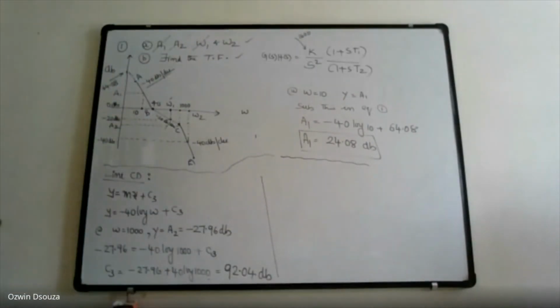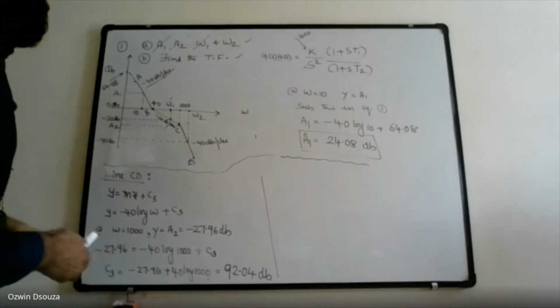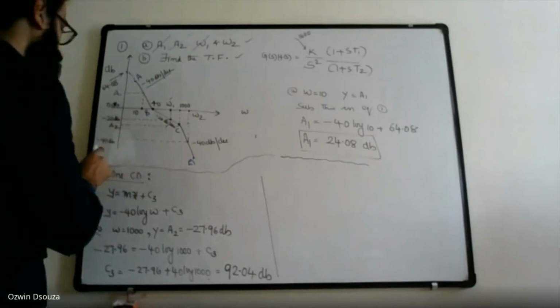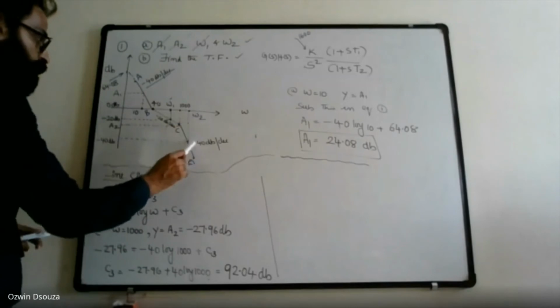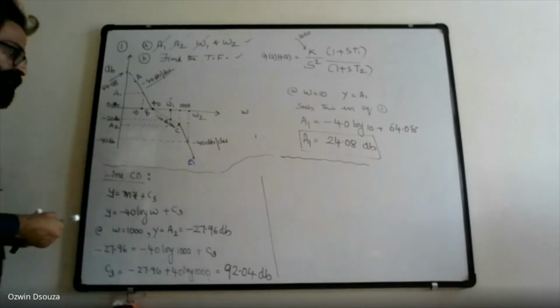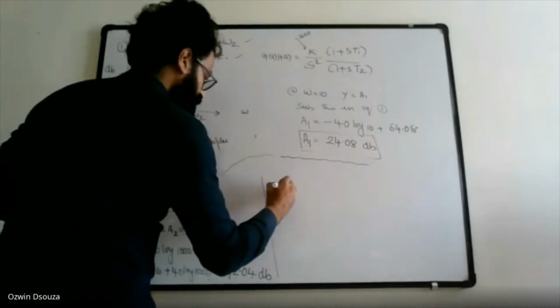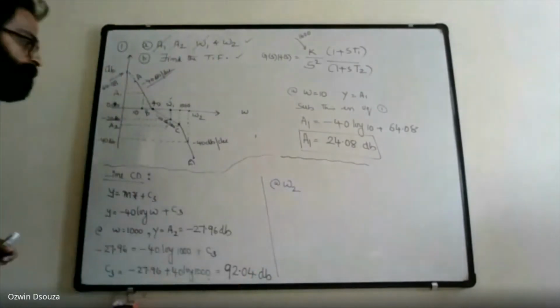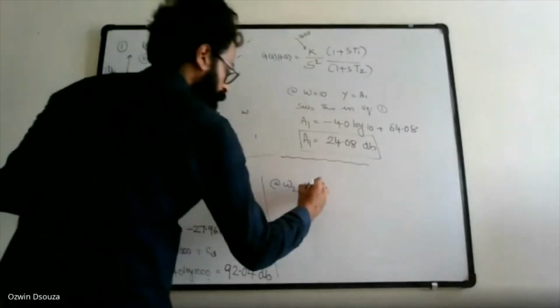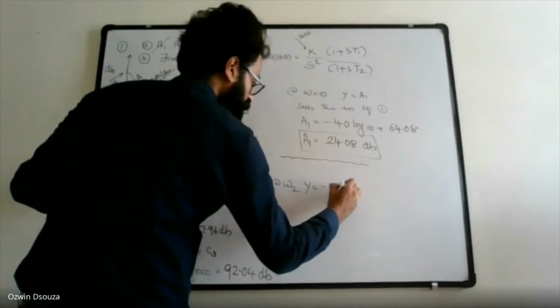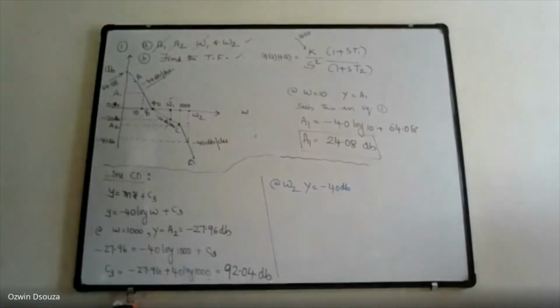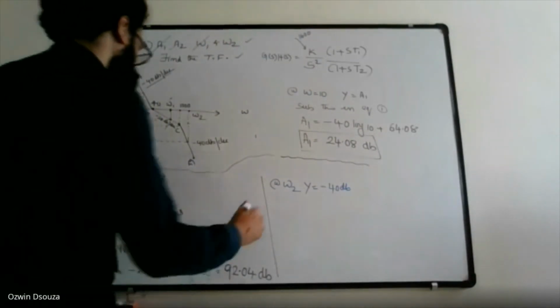Okay. So yeah, they have given us one piece of information that at omega 2 the gain is minus 40 decibel. So you can write at omega 2, y is minus 40 decibel, right? So let us substitute.